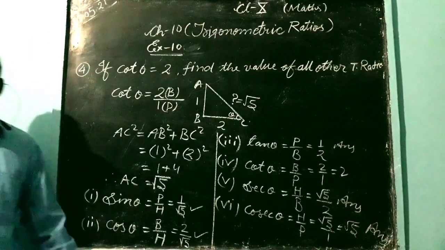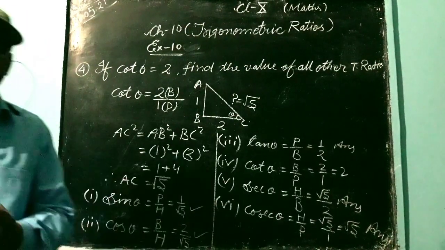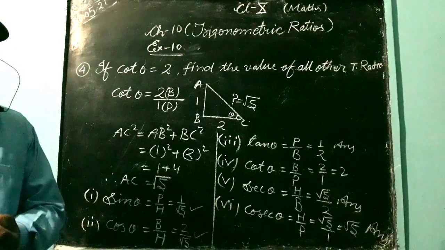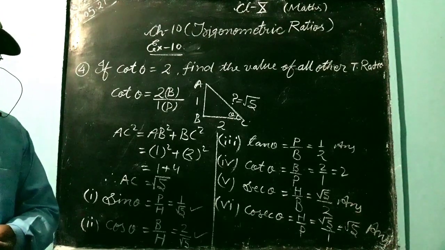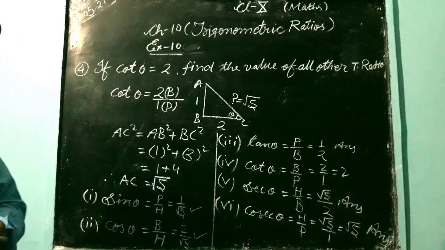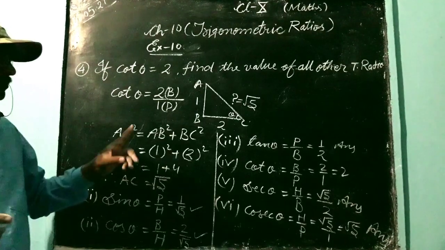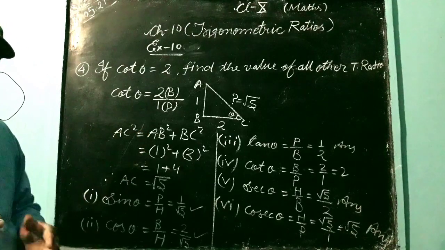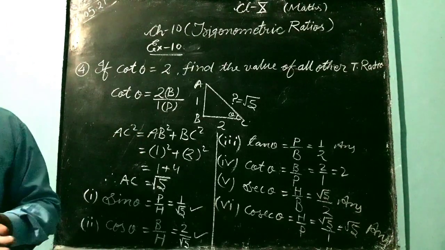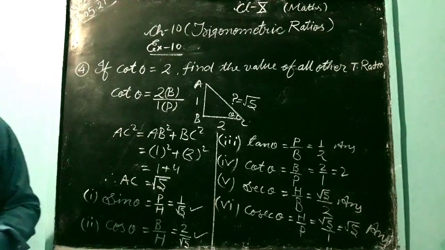Clear, students? Have you any doubt? If you have any doubt, contact me on WhatsApp, okay? You must learn all these identities, and then you can solve all the remaining sums.